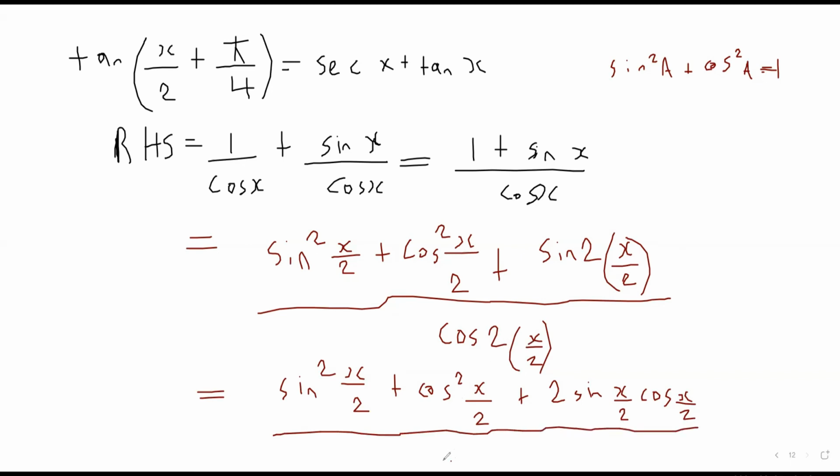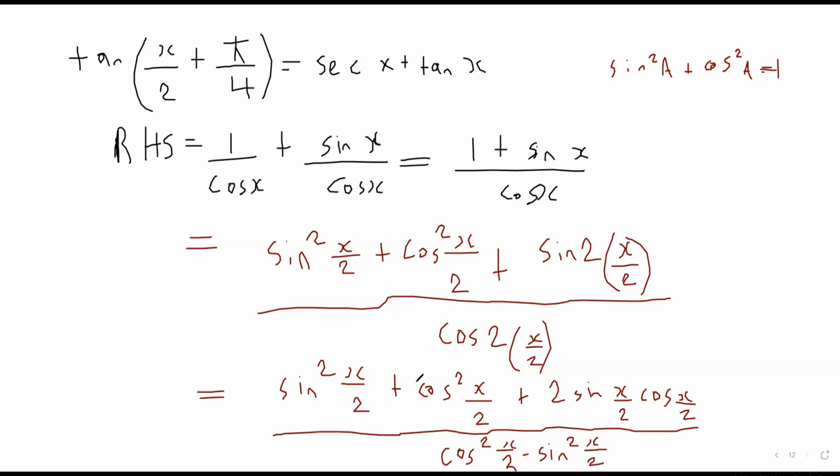It doesn't matter which one you use. I am going to use cos square x over 2 minus sine square x over 2. Now you might say, why, sir? Why use this one? I'm going to show you why now. Look at this.